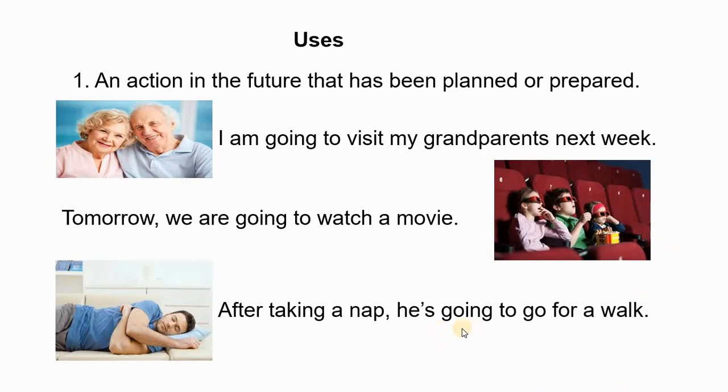This is the going part, and it is followed by the verb in the infinitive, to go. So this is indicating that it is in the future. So again, all of these 3 examples are actions which are planned or prepared. All right, they know they are going to happen.